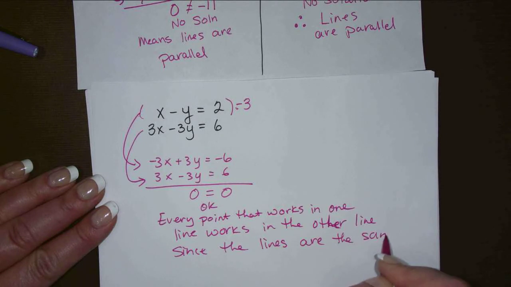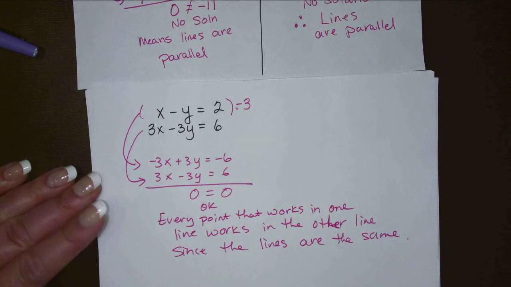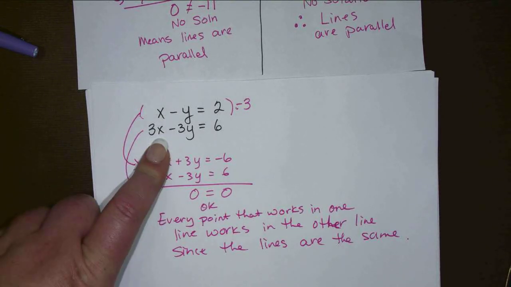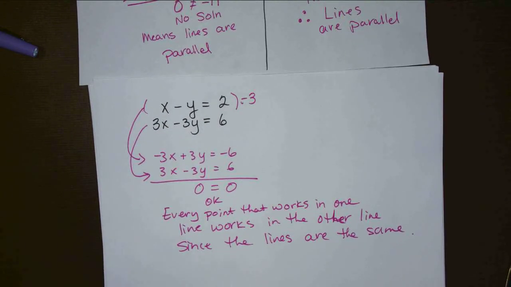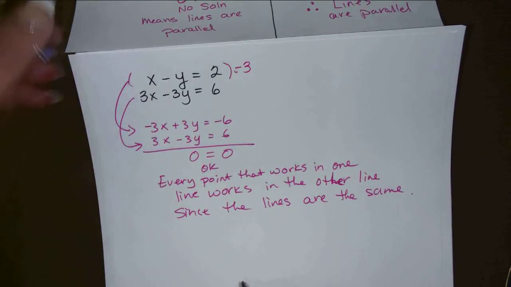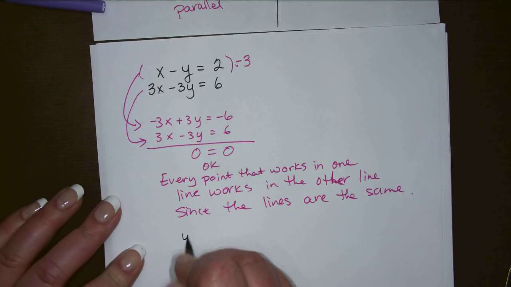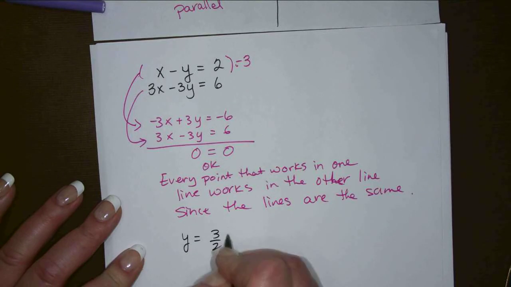When that happens, you can actually go back to the start and ask, are those the same lines? Right, 0 equals 0, and you say, oh yeah, this is just multiplied by 3. I could disguise it a little bit more by doing something like this. Say I said y equals 3 over 2x plus 6.